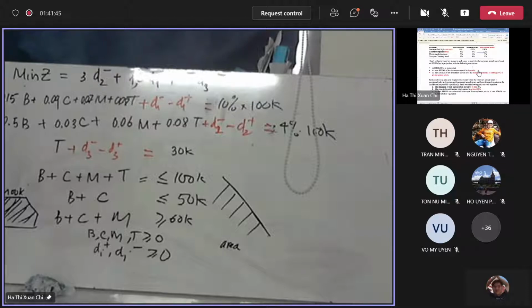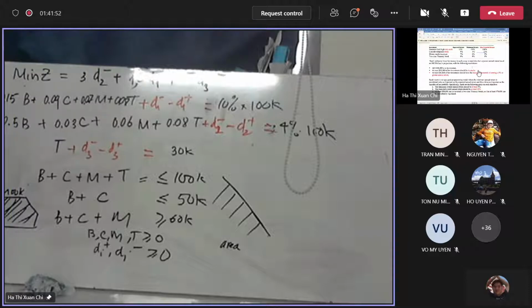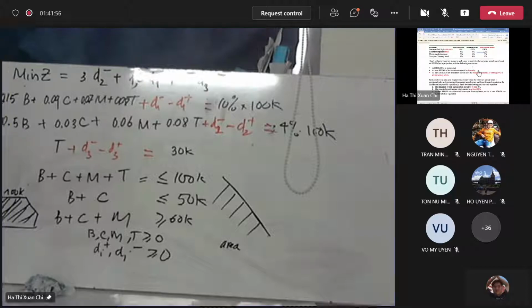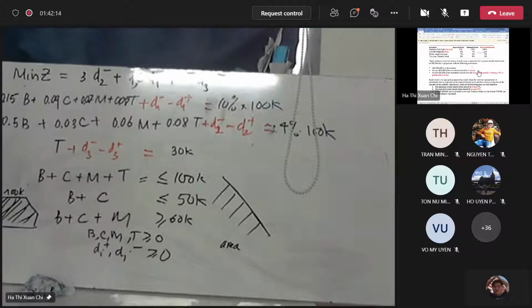We try to transform that, and we have the constraints here. From the constraints, we can draw the feasible region, right? We draw one feasible region, and we try to find the solution in the feasible region.